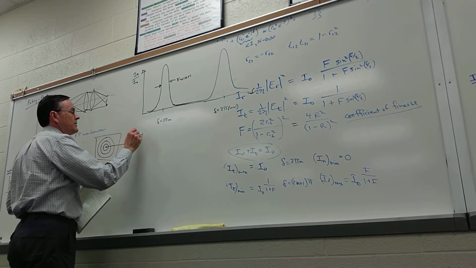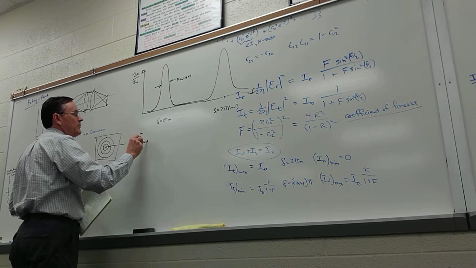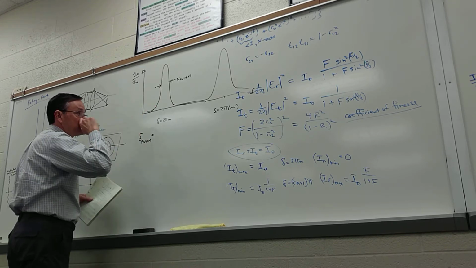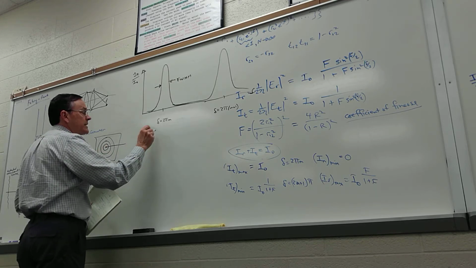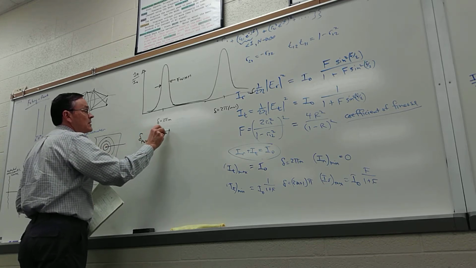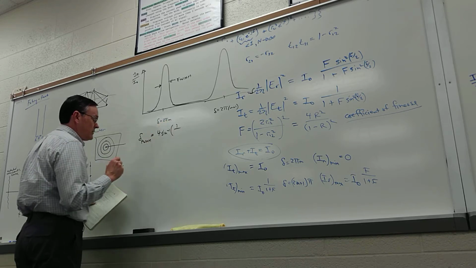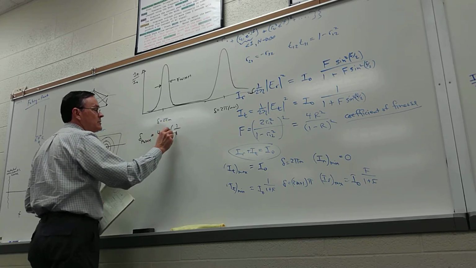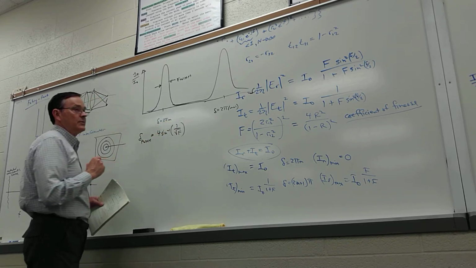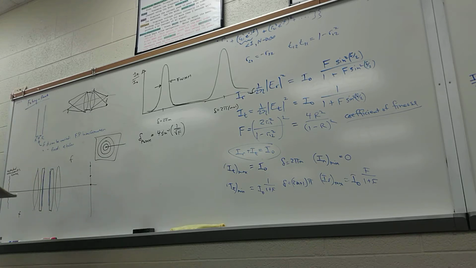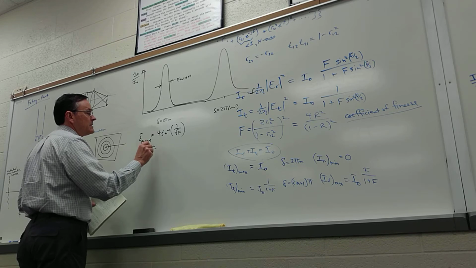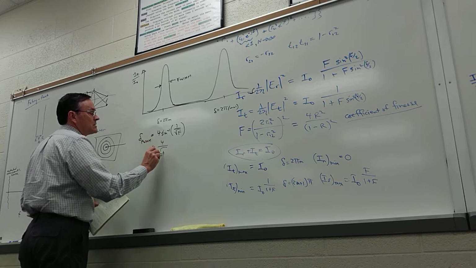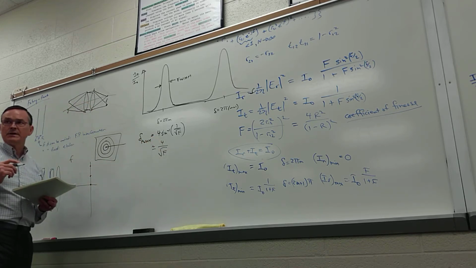It turns out that the full width half max in units of delta, meaning in units of phase shift, you can easily calculate. It's 4 times the arc sine of 1 over the square root of the coefficient of finesse. Because the coefficient of finesse tends to be large, we can approximate this as 4 over the square root of the coefficient of finesse.